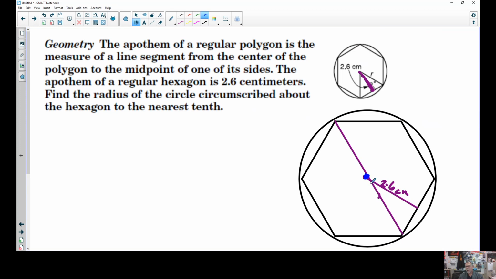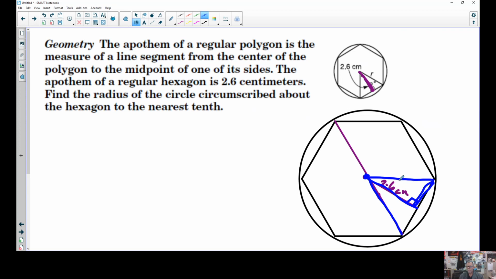this diameter, but I can use this triangle, and I can complete this triangle, and more importantly, look at this piece. This is a right triangle that we can use.